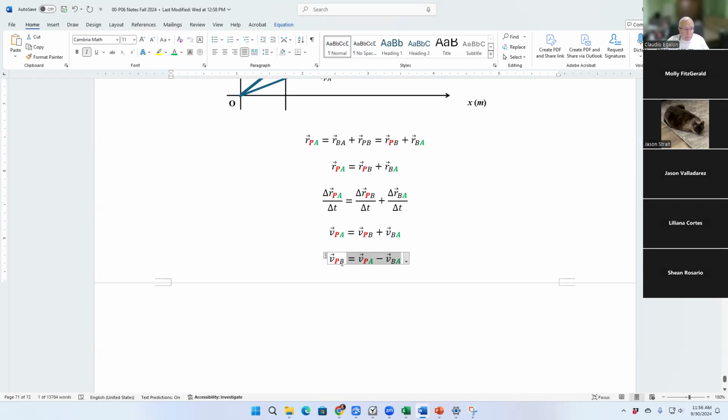We have B here, but wait a minute. We do not have B here at the end because we have a negative sign. But if you write this vector instead of vector BA, you write them as vector AB, right?